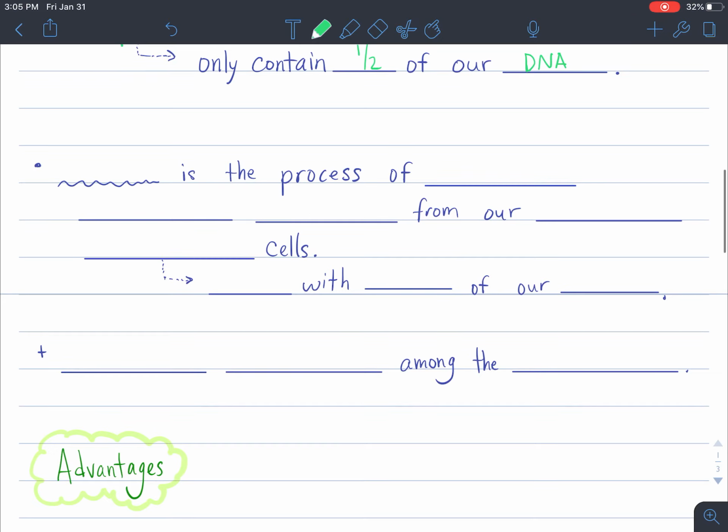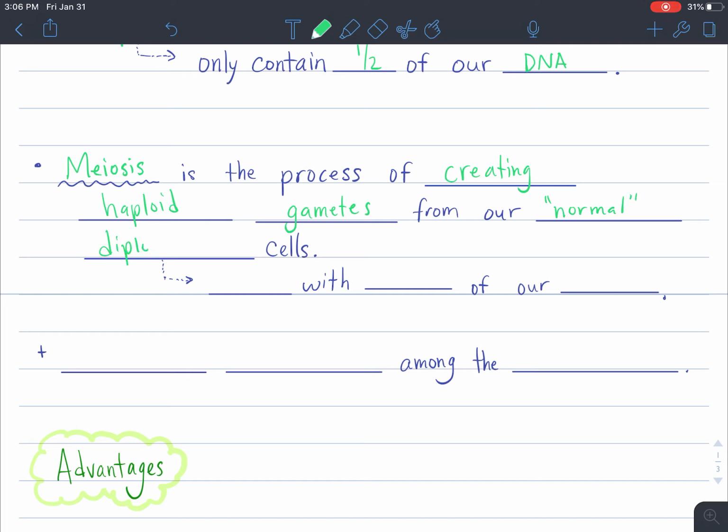Okay, so a new word here is meiosis. Now, meiosis is a cell division process, and it's a process of creating those haploid gametes, the sperm and egg, from our quote-unquote normal diploid cells.